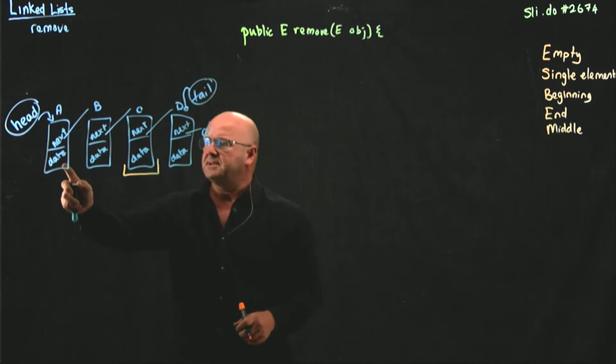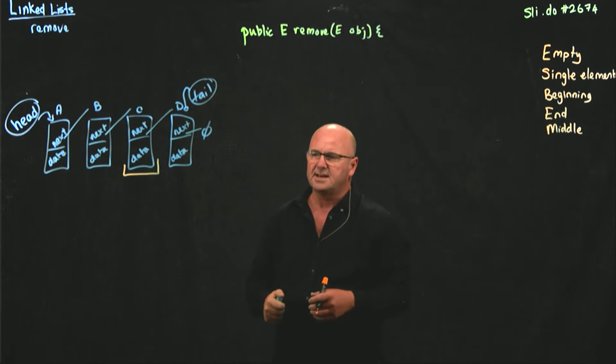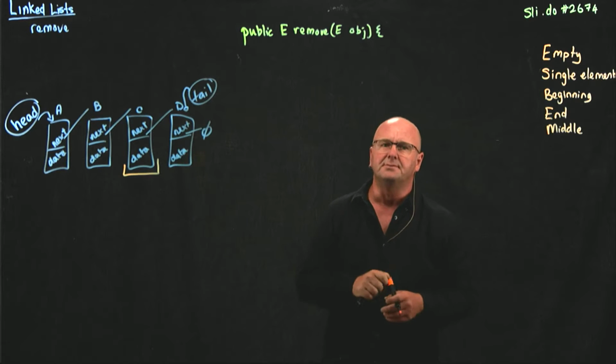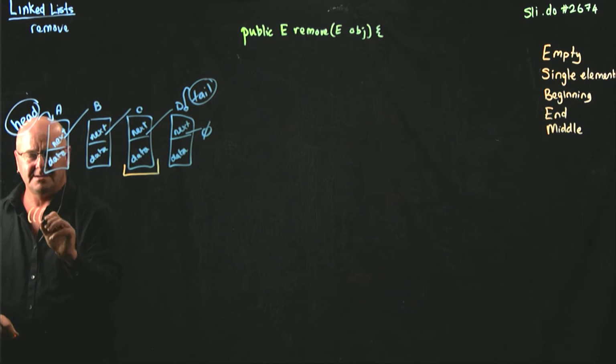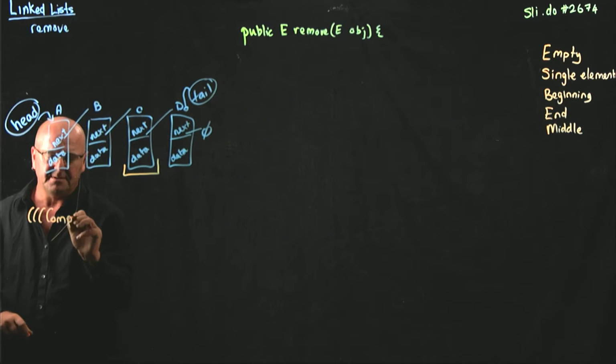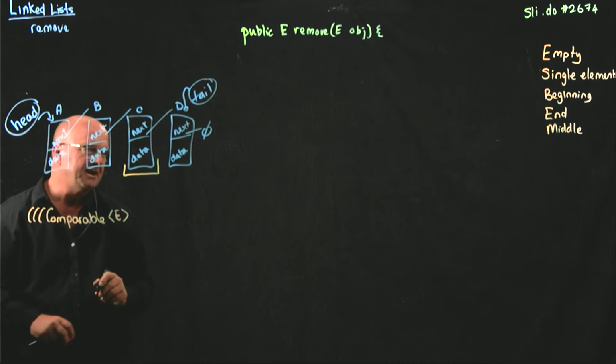So the first thing we have to do is find the thing that we want to remove. So how are we going to do that? What are we going to use to say, this is the thing that we want to remove? We're going to use a comparable comparison.